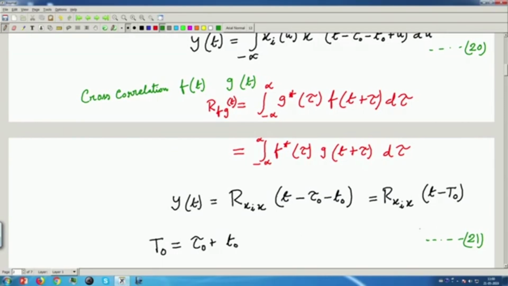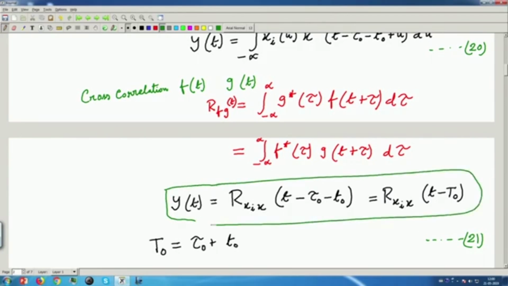Equation 21 says that the match filter output is the cross correlation between the received echo signal x I and a delayed replica of the transmitted signal, because this is delayed by capital T naught.